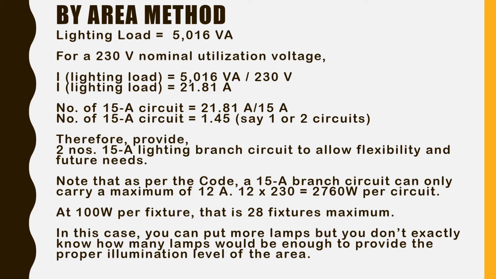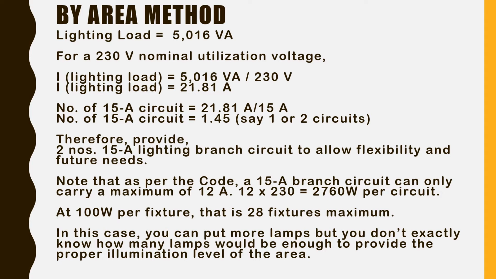A circuit cannot be fractional because it is a whole number. So we can say 1.45, we can say 2 circuits. Let us make it 2 circuits. So 2 circuits of 15 ampere lighting branch circuit to allow flexibility and future needs.